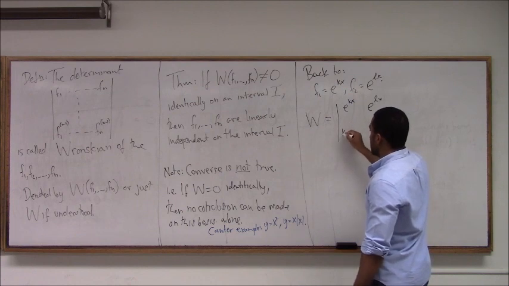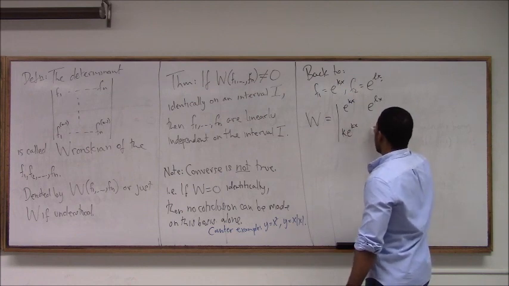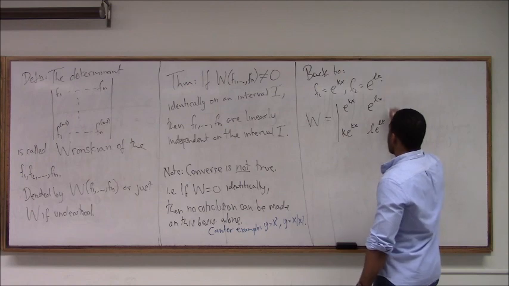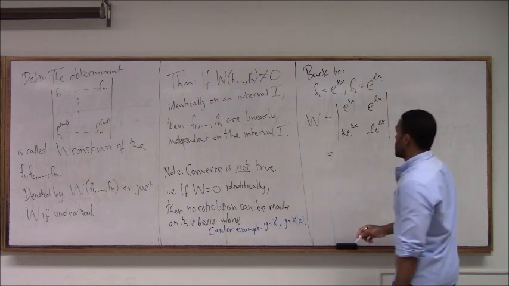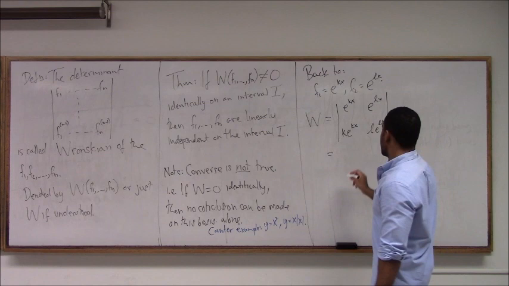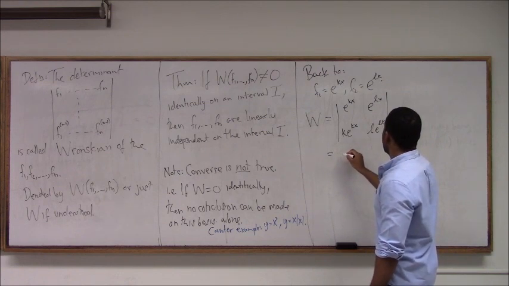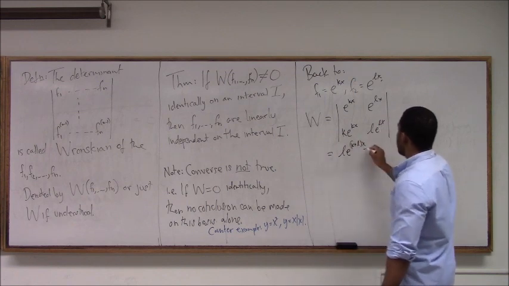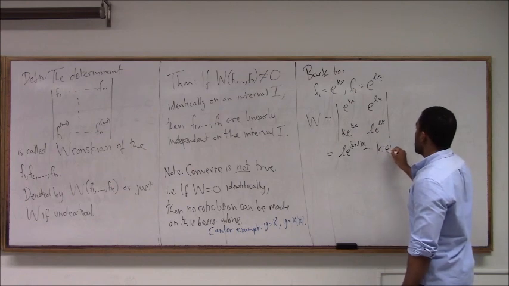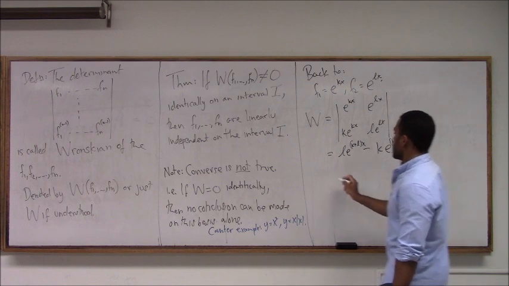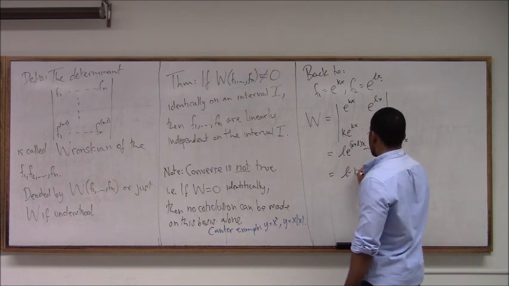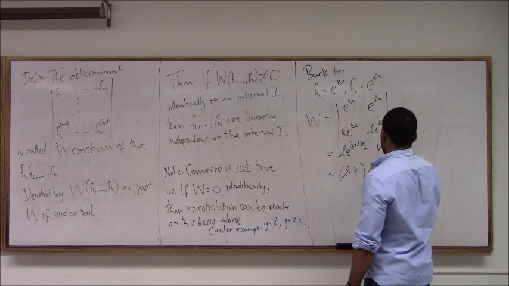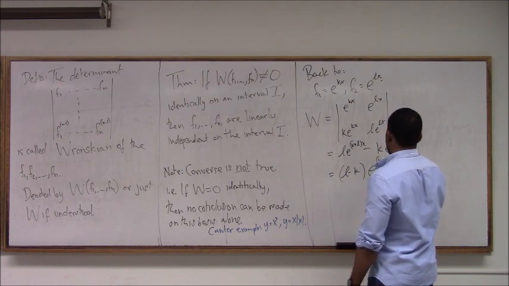Differentiate one time, that's k e to the kx, l e to the lx. Then take the determinant of this. So this is l e to the (k plus l)x minus k e to the (k plus l)x. This is equal to (l minus k) times e to the (k plus l)x.